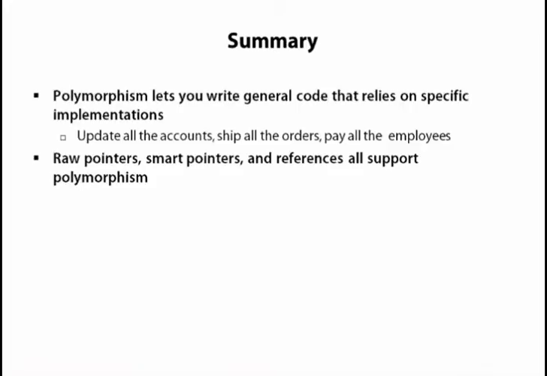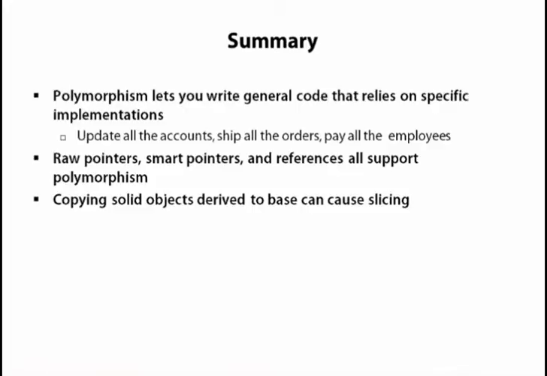When you're not using pointers or references or smart pointers, when you're using solid objects and copying them around, either the way we did in the demos with equal signs, or more realistically by calling some function that takes its parameters by value, when you take a derived object and copy it onto a base object, you get slicing.